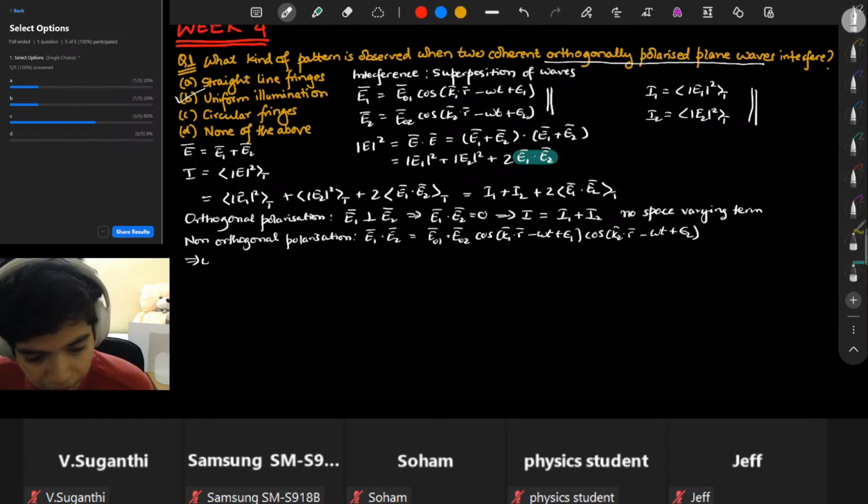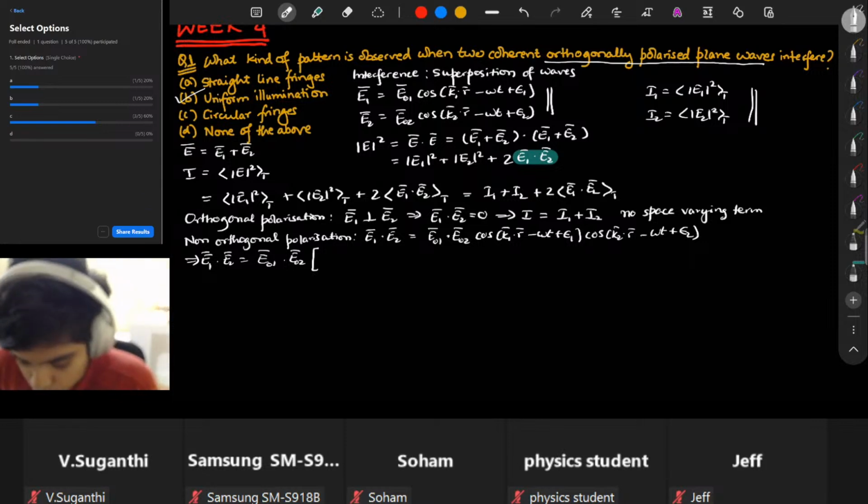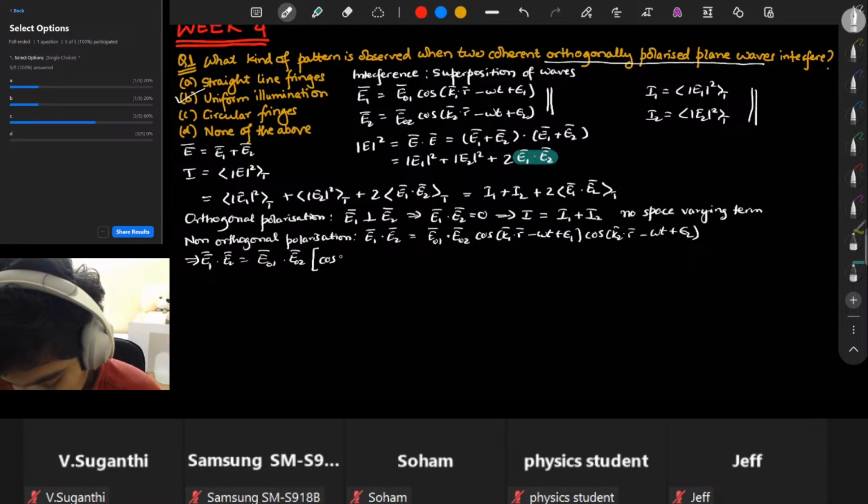Let us simplify further. So E1 dot E2 is E naught 1 dot E naught 2, and then we can use basic trigonometry and open up these cosine brackets. So what we get is cosine K1 dot R plus epsilon 1.